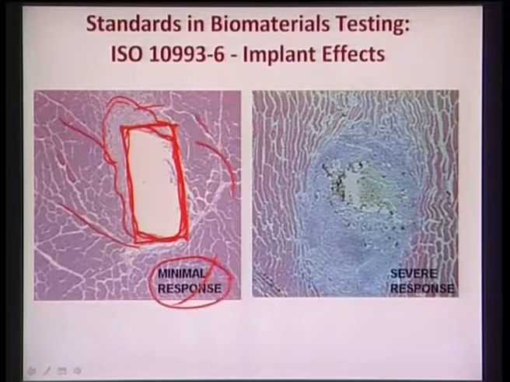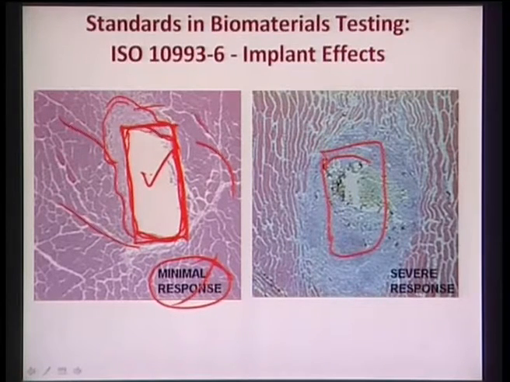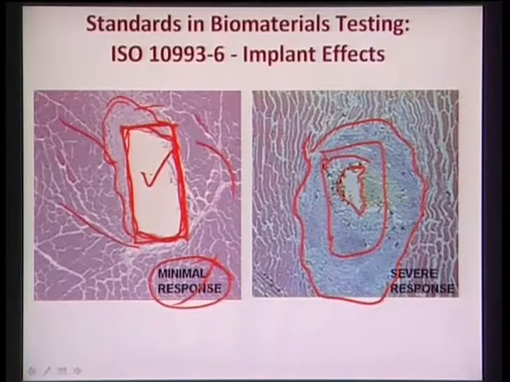So, the response is not extensive. But a similarly shaped material of different composition was also placed here, and what you can see is that the entire material has been dissolved in vivo. You are left with only small parts of the material, and there is an extensive inflammatory reaction around the implanted zone.